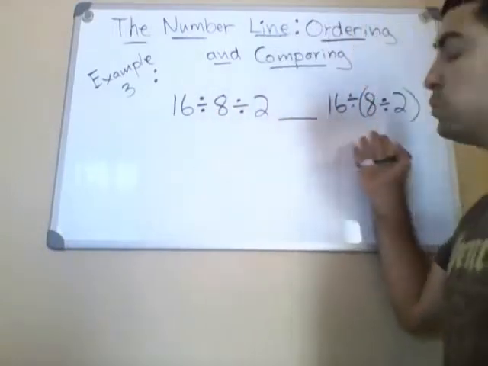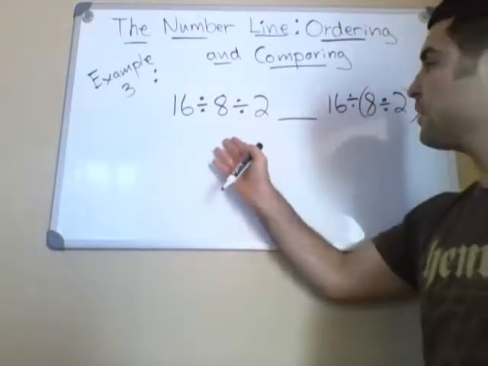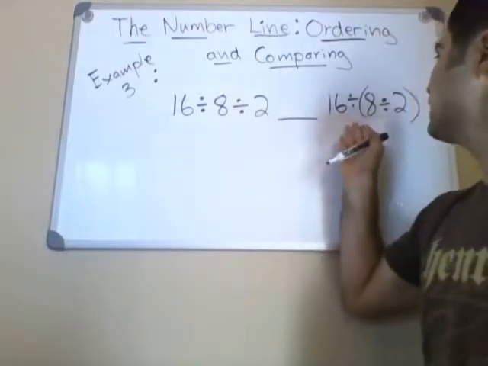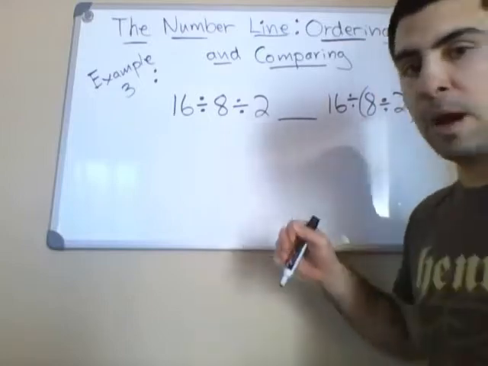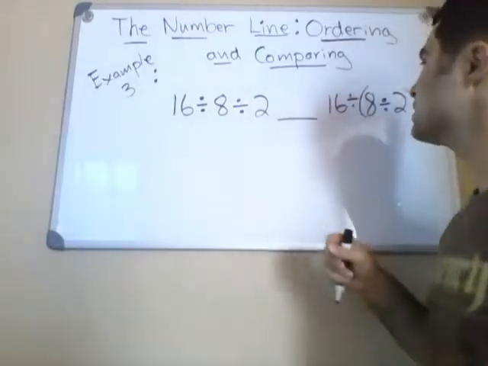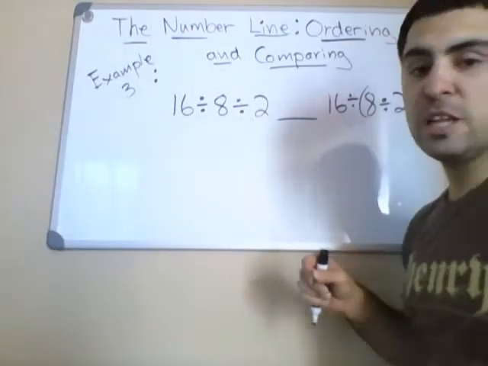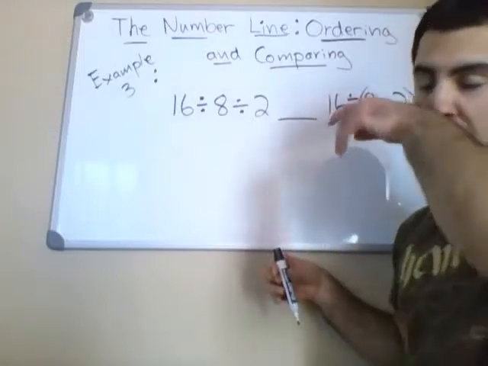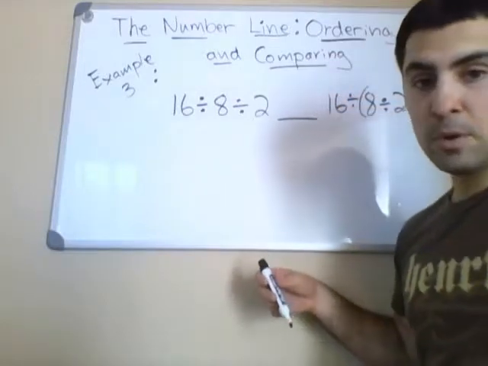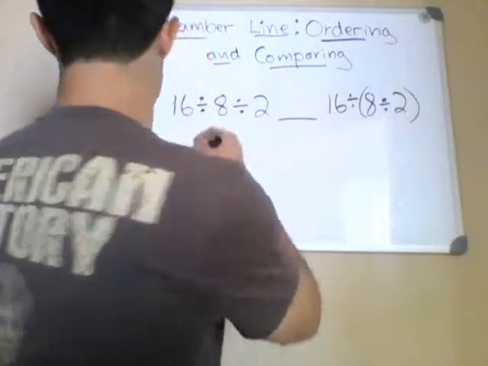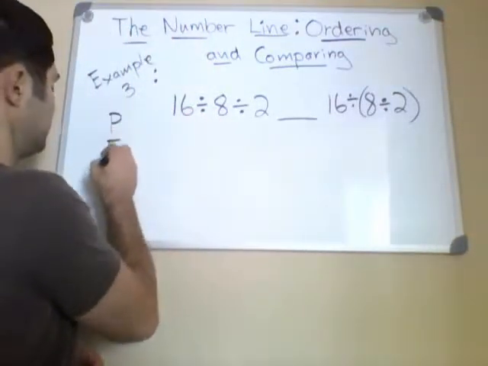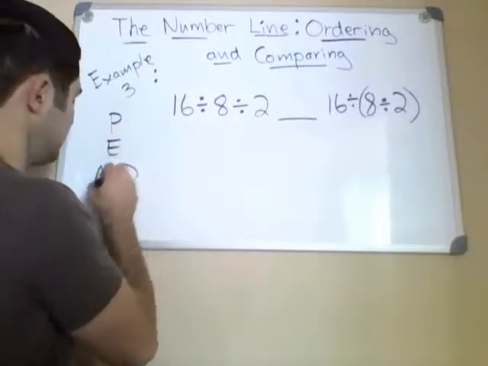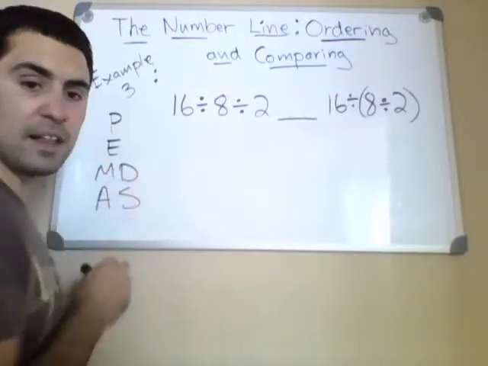Alright, so we have two different expressions. 16 divided by 8 divided by 2, 16 divided by 8 divided by 2. Notice I did a little pause there because these parentheses change the order of operations. Order of operations, if you guys remember, is please excuse my dear Aunt Sally.